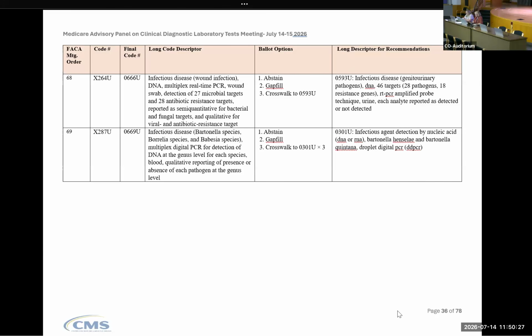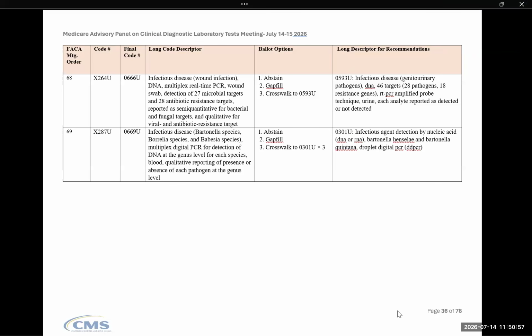Thank you. All right, and sticking with infectious disease, next up we have X287U with the final code number of 0669U. This code X287U, now 0669U, is a droplet digital PCR assay for 3 distinct infectious agents that have similar clinical syndrome.